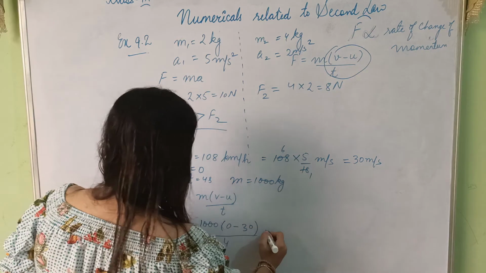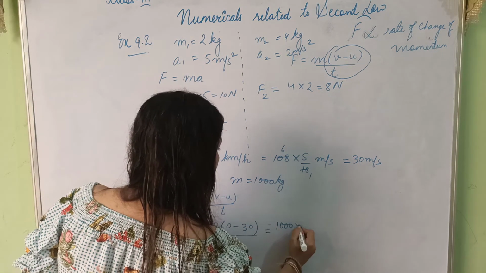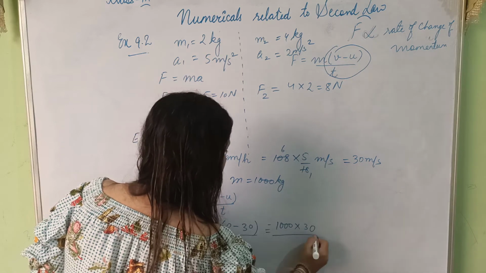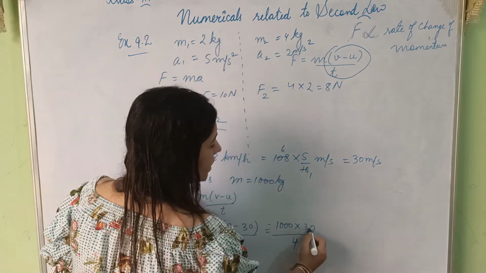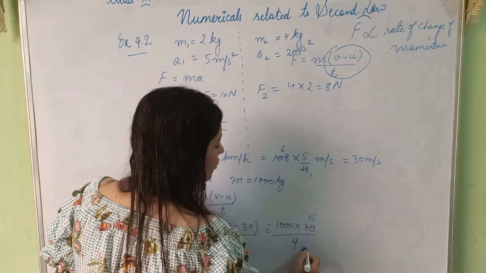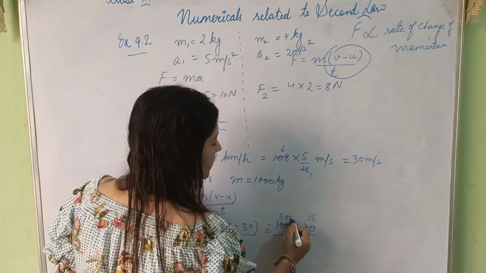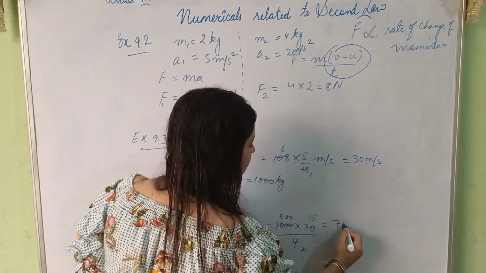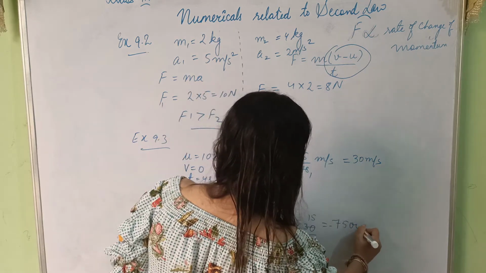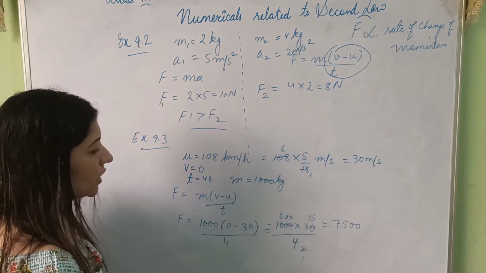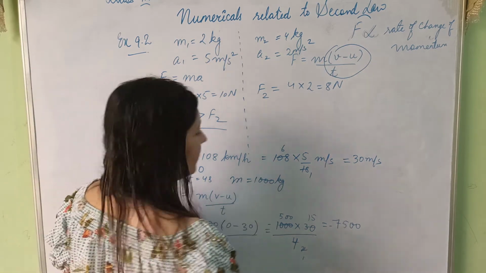So this will come out to be 1000 with a minus sign multiplied by 30 by 4, which is minus 7500 Newton.